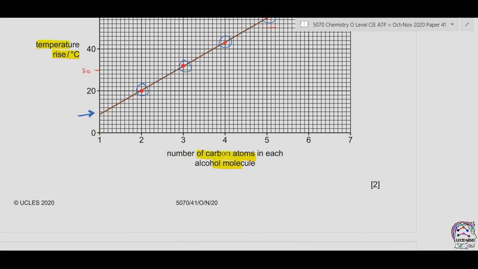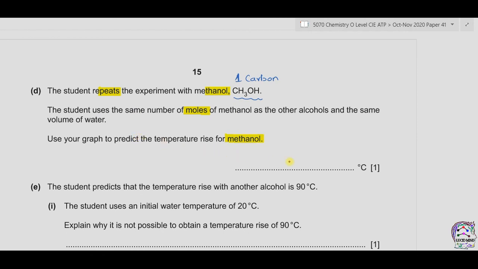As on x-axis we had number of carbon atoms, so this is 1 carbon, and for 1 carbon atom this is the temperature rise. And it is about 9 degrees centigrade. So we can write 9 degrees centigrade.